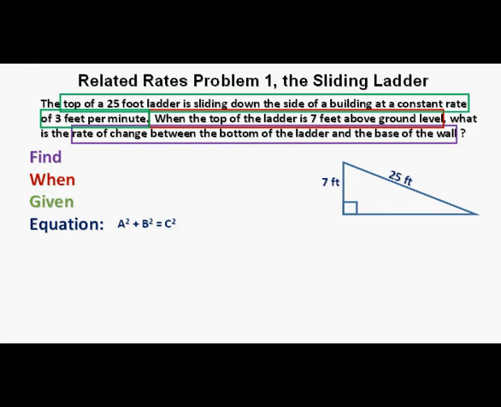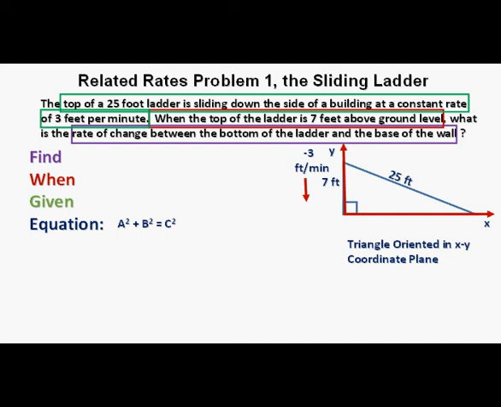Our drawing can be oriented within a coordinate plane with the x-axis along the base of the triangle and the y-axis along the left side of the triangle. It's the wall on the left down which the top of our ladder is sliding. So we can label the top of the ladder going downward as negative 3 feet per minute.